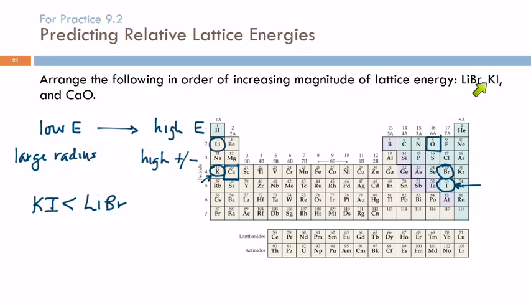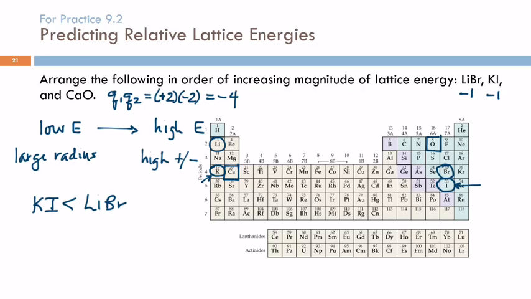So Q1, Q2 for these two is going to be -1, and this is -1. For this one, Q1 times Q2 is +2 times -2, which is -4.